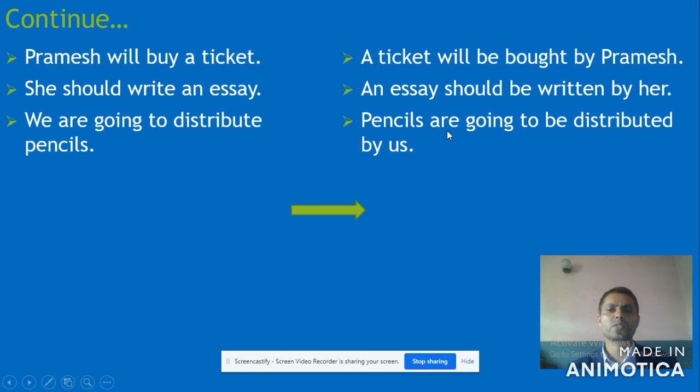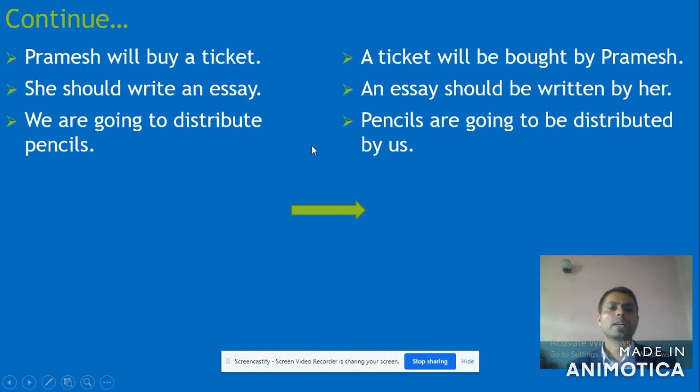Then this is plural, so are. Pencils are, then here are going to be, we have to insert be, going to be distributed. Now distribute, the base form of the verb, changes into past participle or verb 3, distributed by whom? By us.